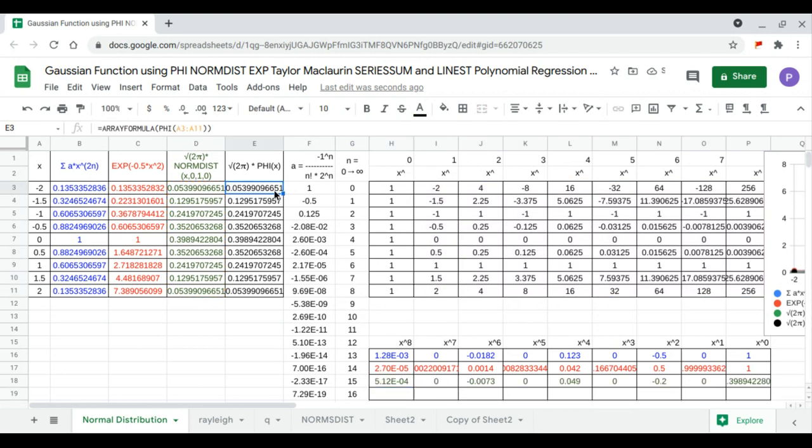And this will be LINEST again. Finally, the phi function, LINEST data y and data x.